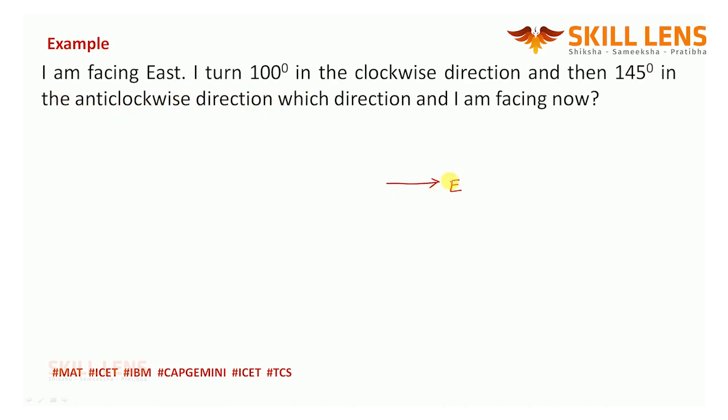Guys, if this is east, then if you are moving towards this, it is going to be south. This is going to be your west. This is going to be your north. So if you turn 90 degrees, you will face south, because this is the clockwise direction.